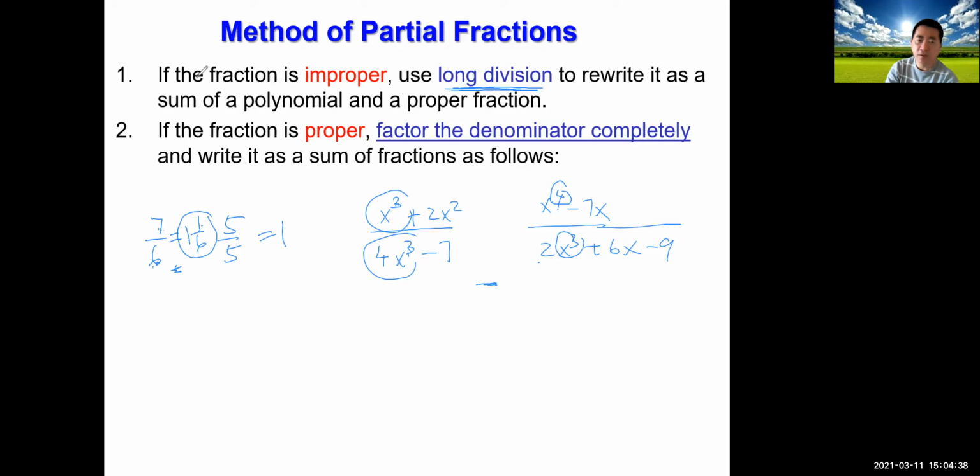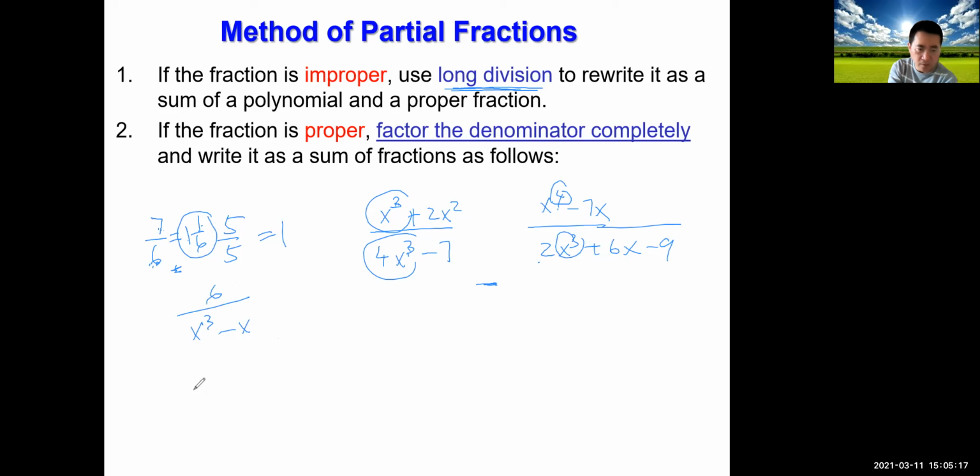Now in step 2, let's say the fraction is proper. Then we're going to do partial fractions, first by factoring the denominator completely. So be sure to factor the denominator out completely. Completely means, when you have x cubed minus x, let's say that's in your denominator, right?